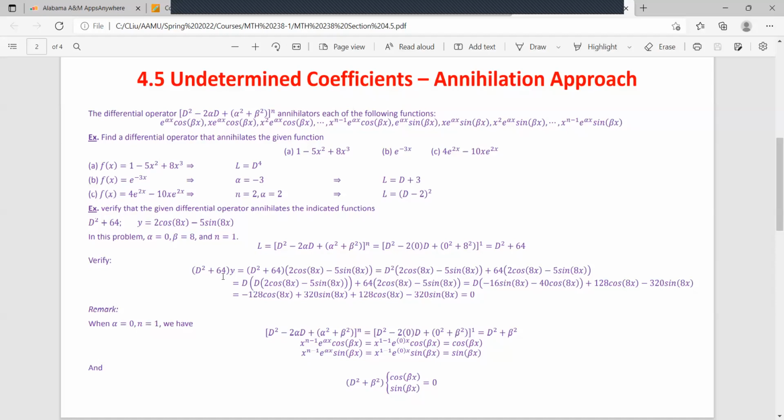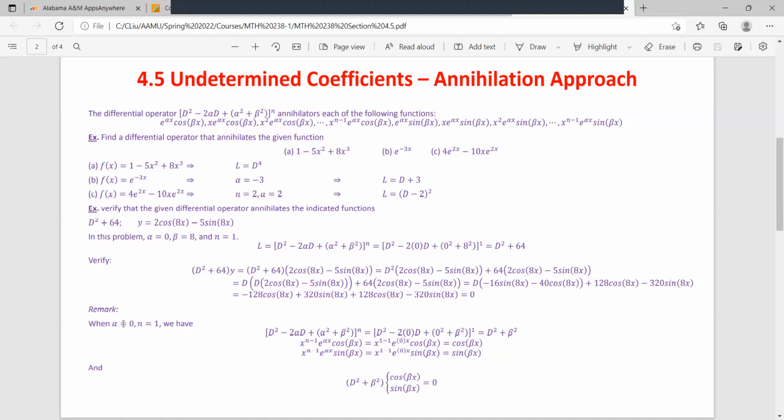But let's consider a special case, when alpha is 0 and n equals 1. Just look at the operator (D² − 2αD + α² + β²) to the nth power.